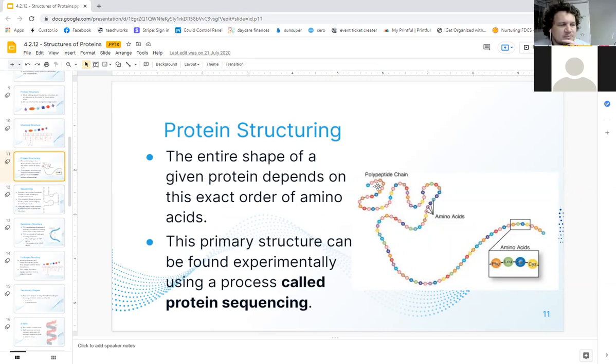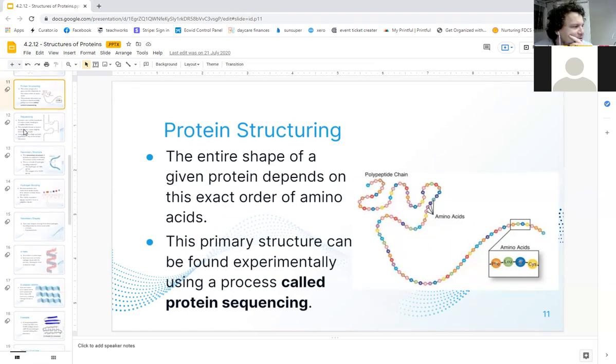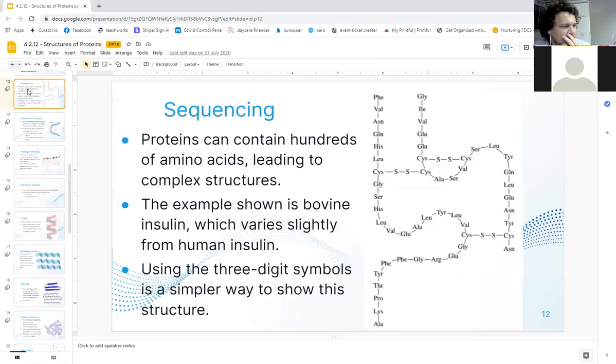And we can sequence the proteins by protein sequencing. You don't learn anything about protein sequencing. So see, the first thing here is the sulfur groups will create bridges between the proteins. Once that happens, all of these R groups are going to start interacting with each other.